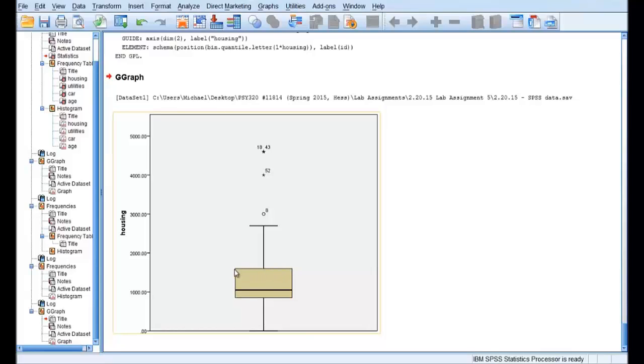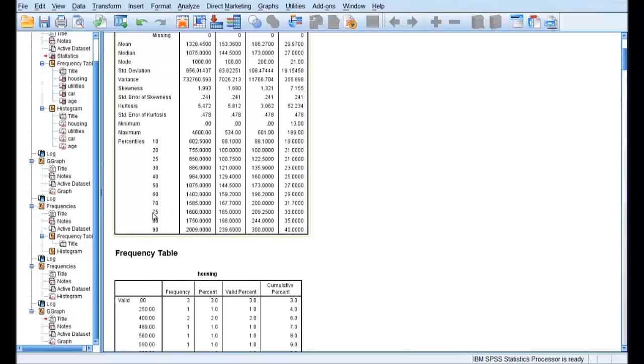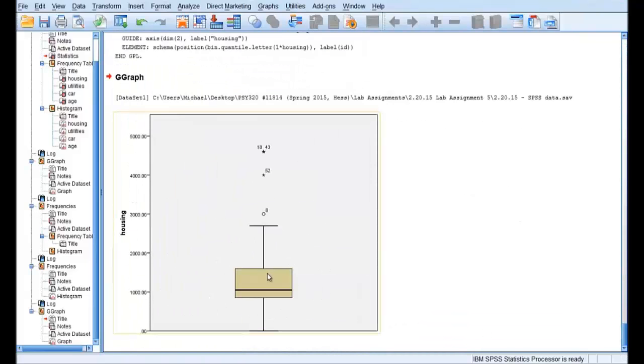If we wanted to line up all the numbers in order and find Q3, we could, but I'm not going to do this. I can just tell you that Q3, for our sake, is at 75%, so at $1,600 for housing. So in our box plot, this number is about $1,600 for Q3.